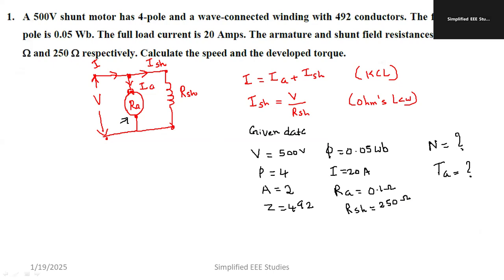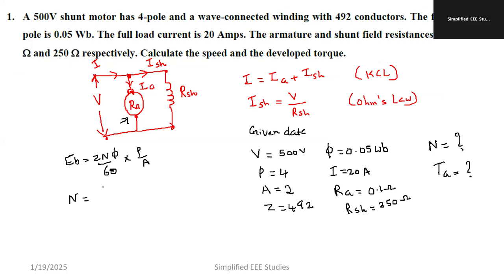First, write the relation for how to calculate the speed. You already know that one equation: EB is equal to phi Z N by 60 into P by A. From this, I can calculate the speed.